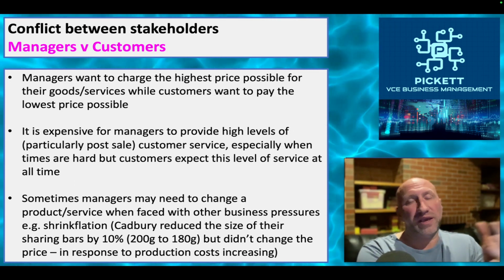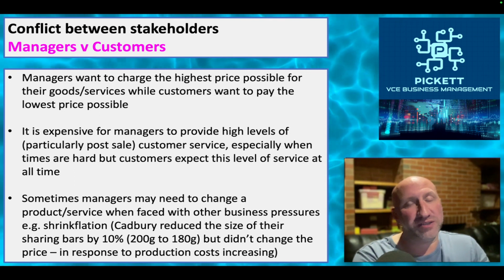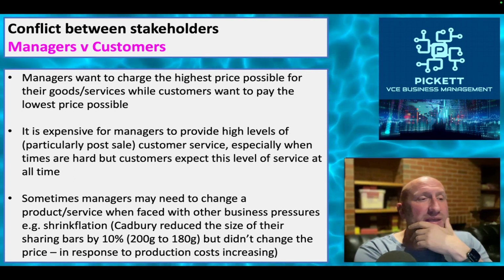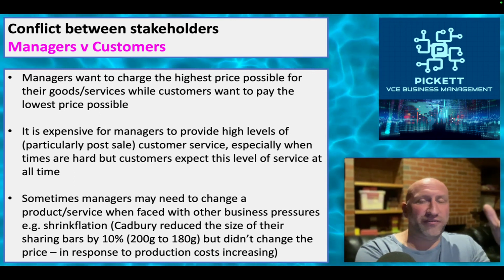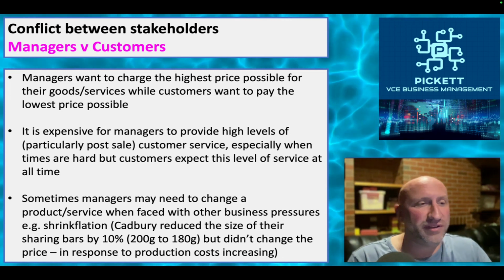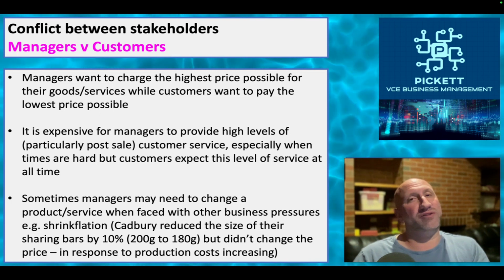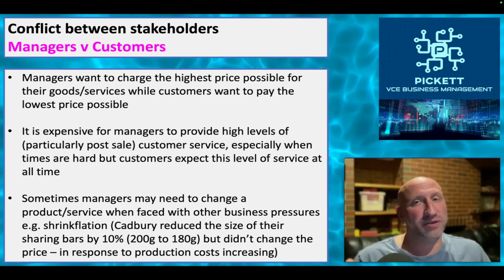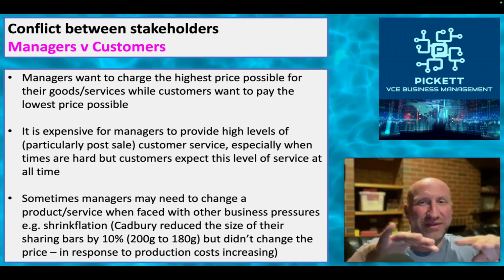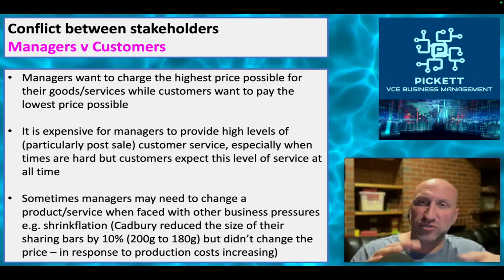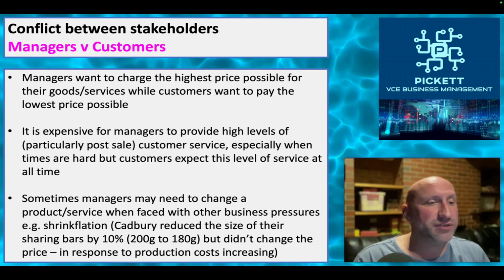They couldn't operate in the way they were used to operating. So times were tough. It's expensive then to focus on offering high levels of customer service, but customers expect those high levels of customer service at all times. So again, conflict in the interests of those two groups of stakeholders.